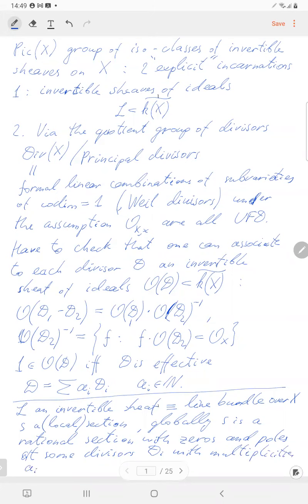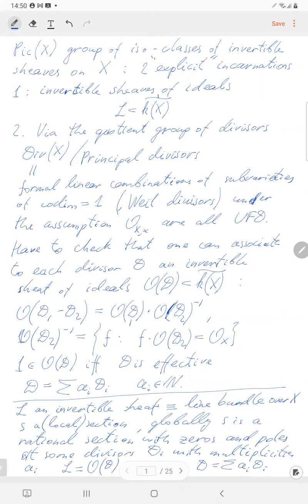And what we want to achieve by the above construction, which is not worked out yet but we will in a moment, is that L will be just O of D, where D will be this sum of ai Di.